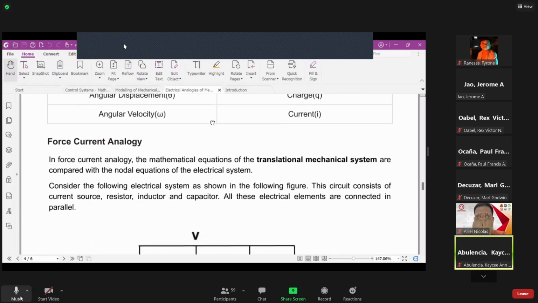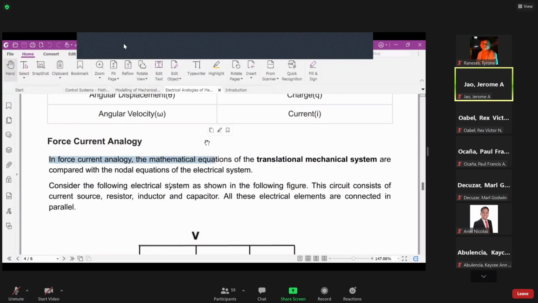Yes, sir. In the second type of analogy, you have the force-current analogy. Just remember this, class, so you won't be confused. Earlier, we analyzed the electrical system based on voltage, because you have a series of electrical elements: a series of resistor, inductor, and capacitor. So you have different voltage drops and only one current acting on it.